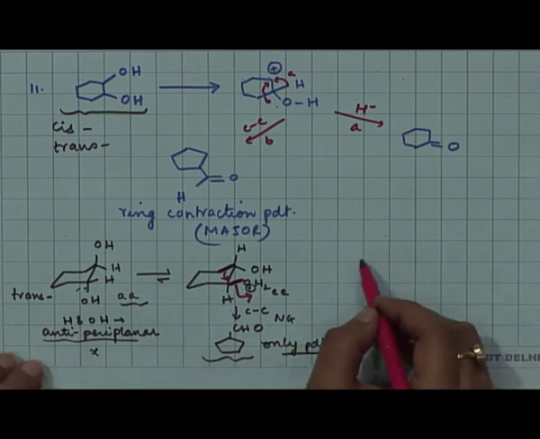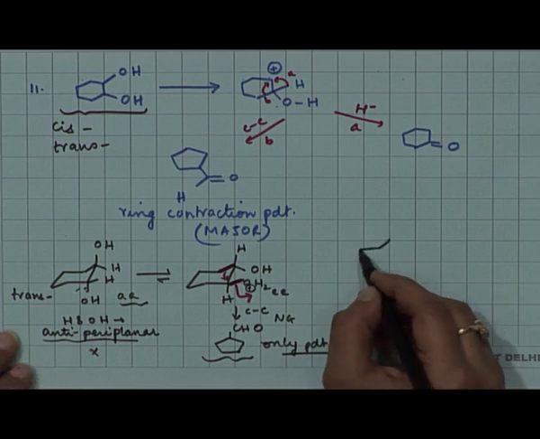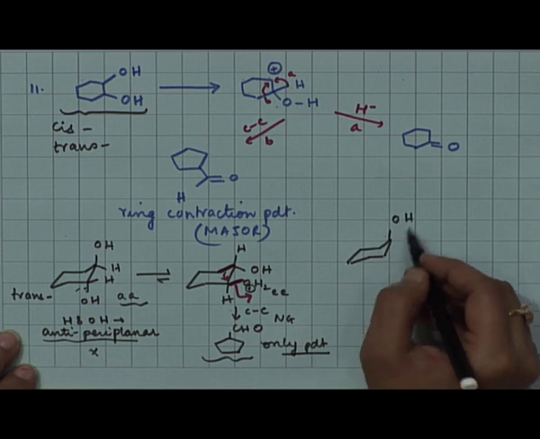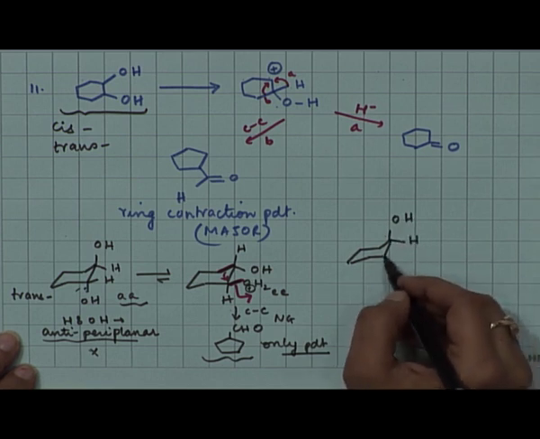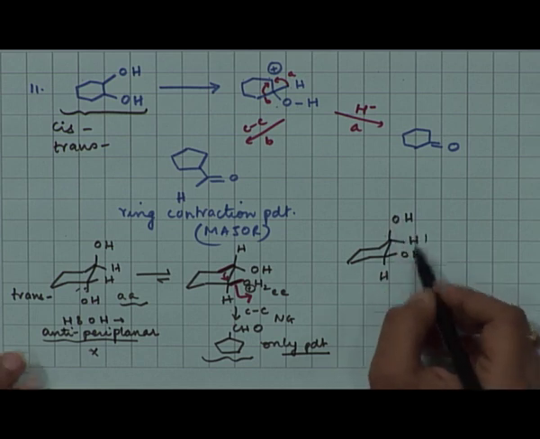If you take the complementary cis isomer, you start with the cis isomer of this diol, in which the two hydroxyls are axial equatorial with respect to each other.